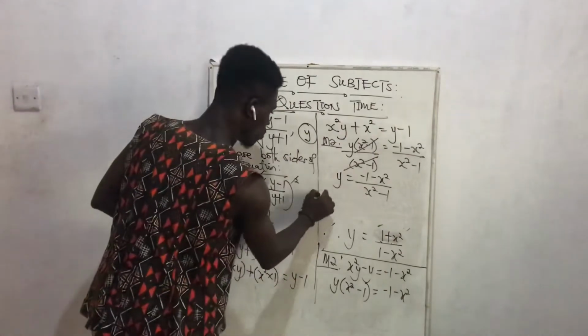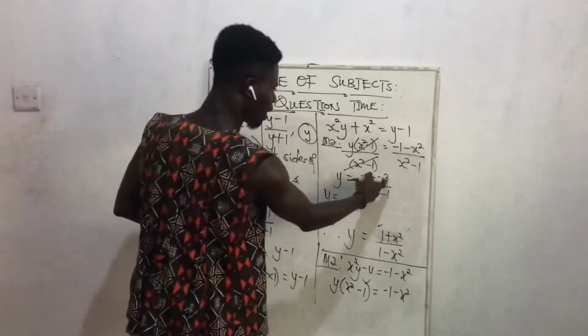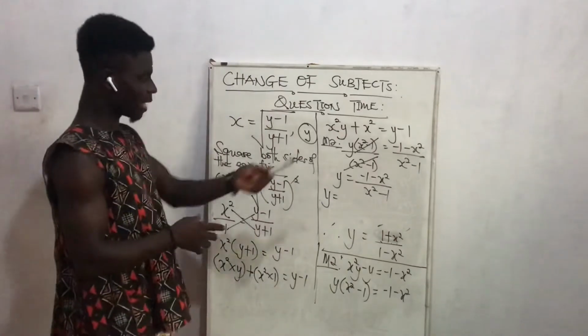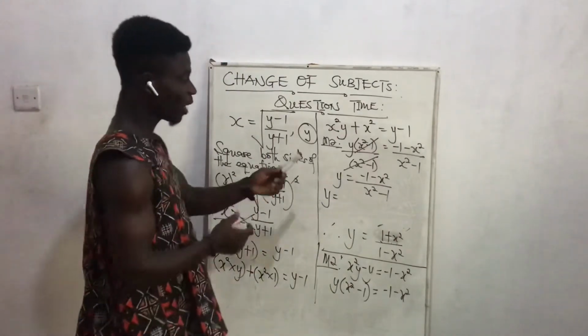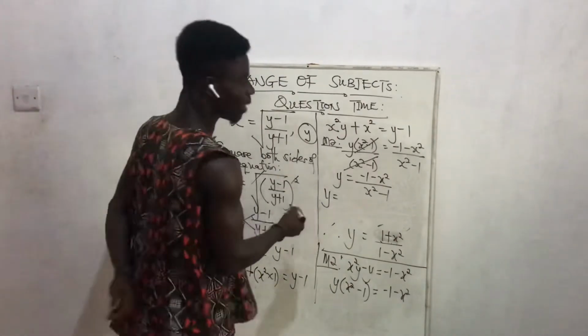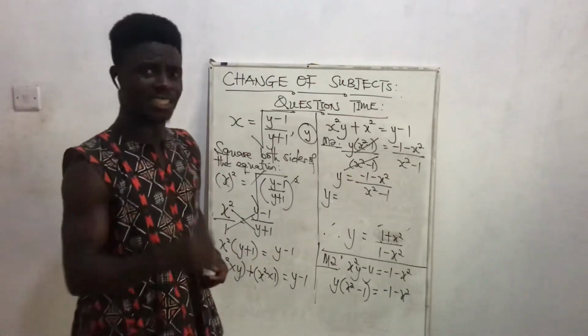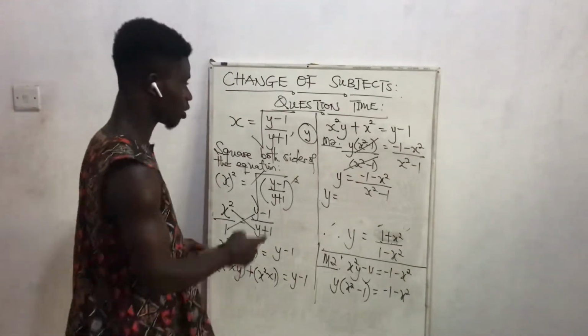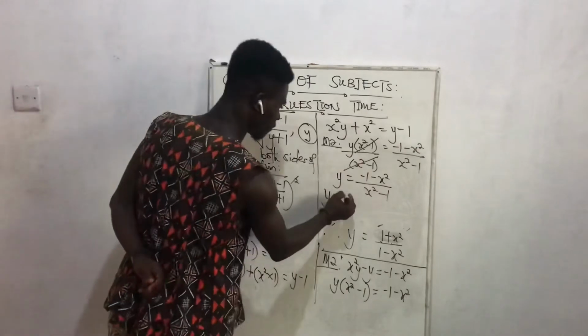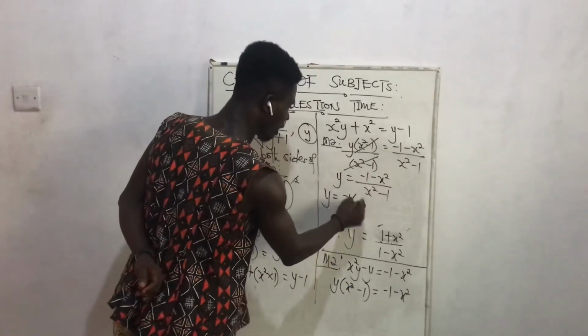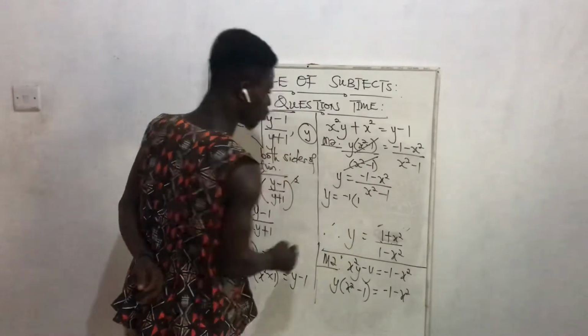Now, y equals, you can factorize negative 1 out there. Now, I told you that factorization is the reverse of expansion. So let's factorize negative. When I factorize negative 1, then it means that here remains 1.